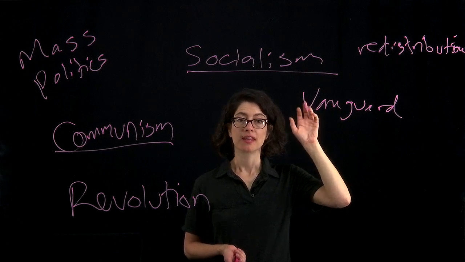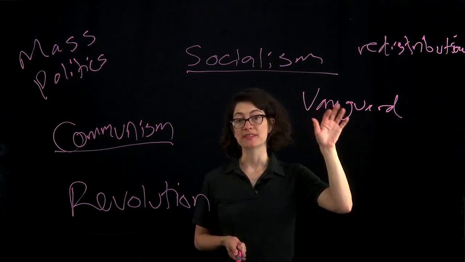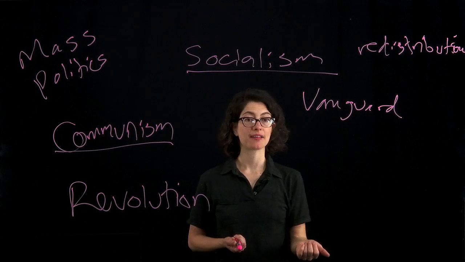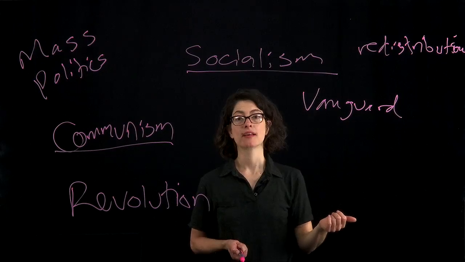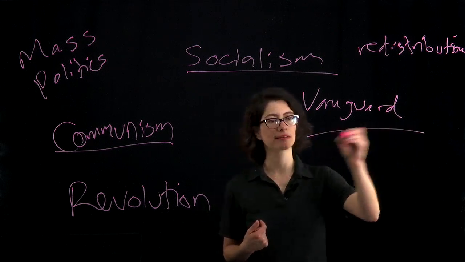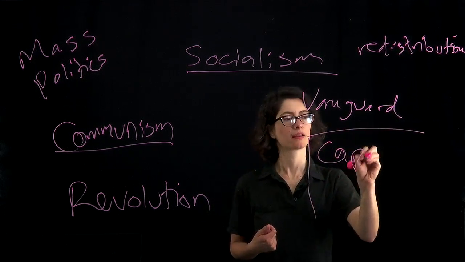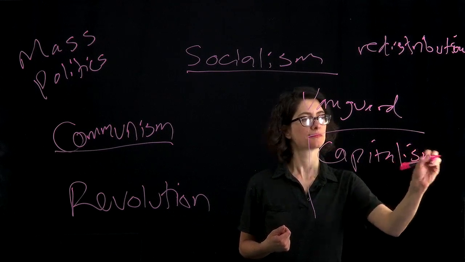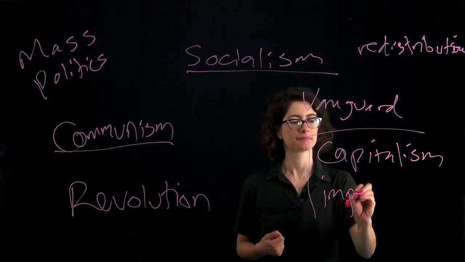This is the model for revolution, which was then picked up first by the Chinese and then by others in a fight against, and here are the enemies, capitalism and imperialism.